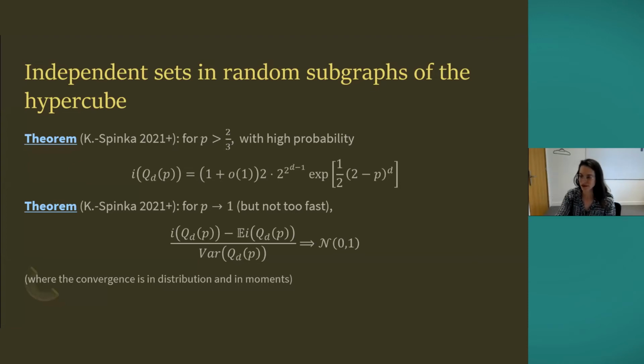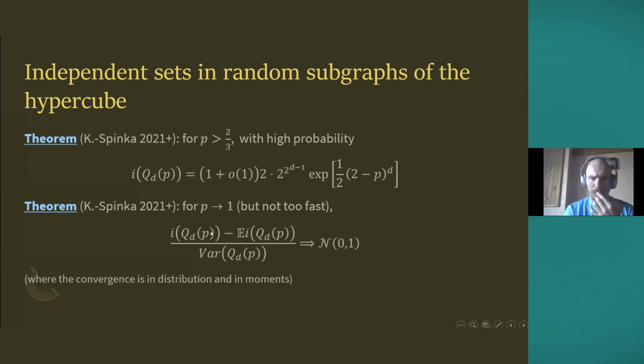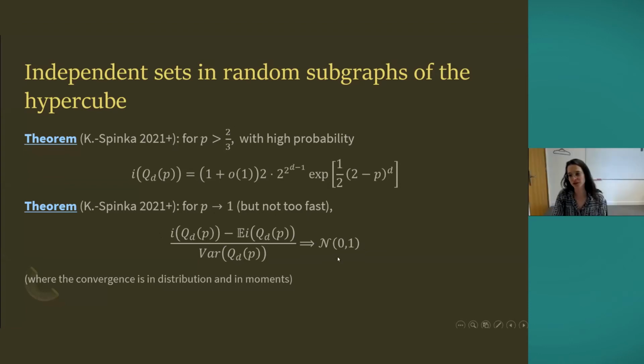Usually this kind of counting won't be normally distributed all the way down. At some point our guess is that it will be log normal and not normal, but we couldn't prove it. When I talk a little bit about the proof, you will also see why we cannot.